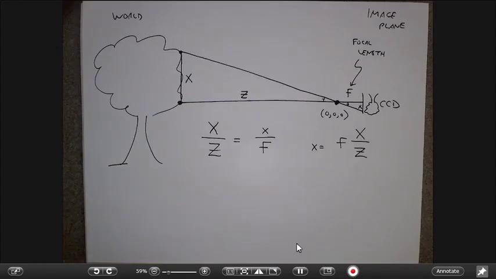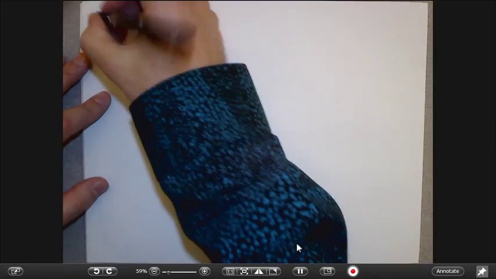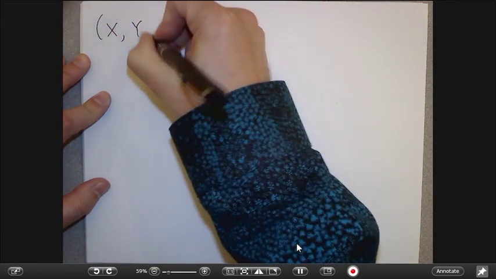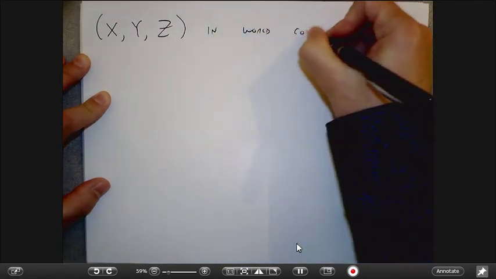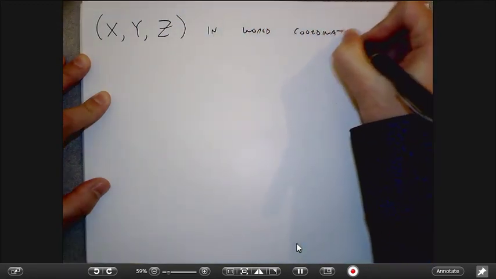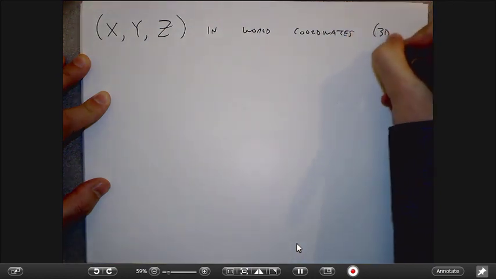So again, let me just restate this to make it really clear. We have a point here in the world coordinates, by which I mean this is a 3D point in the world.